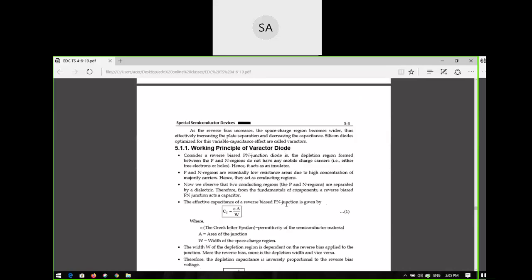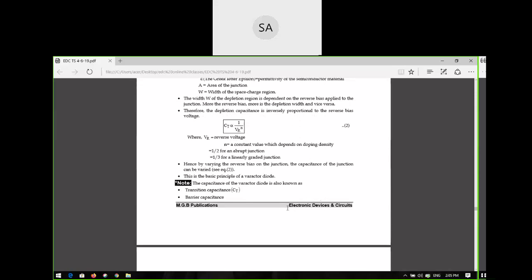It is also called VVC, voltage variable capacitor. It is also called variable capacitor, varicap, varactor diode, or variable voltage capacitor. All are the same.